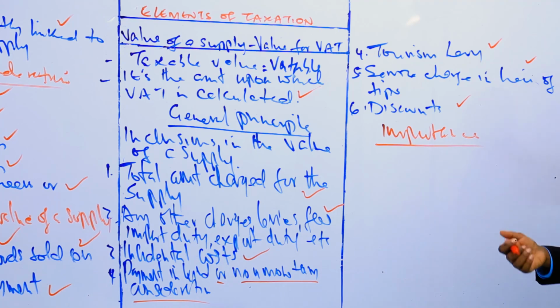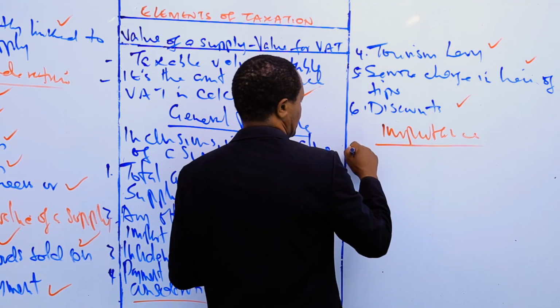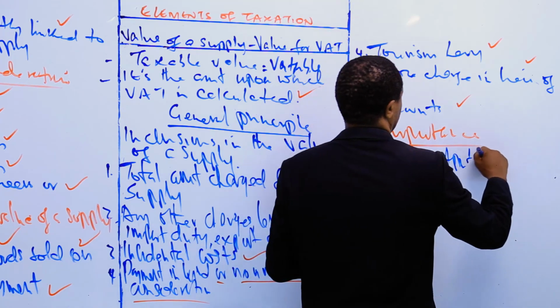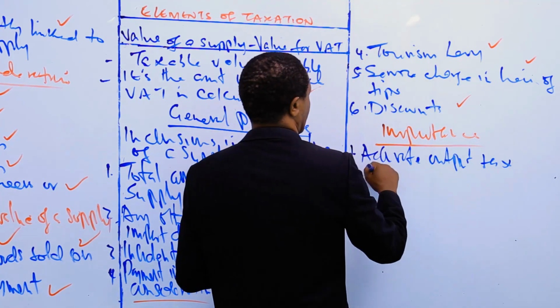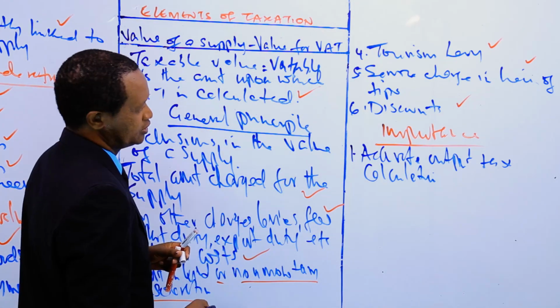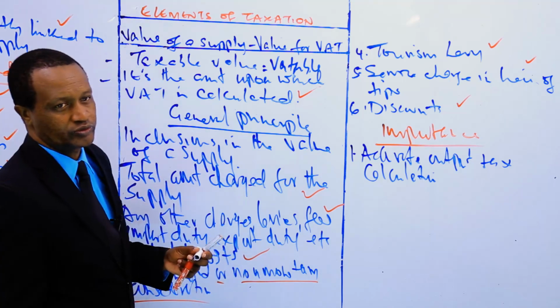It is for accurate output tax calculation. The VATable value has to be accurate so that we can arrive at an accurate output tax calculation.